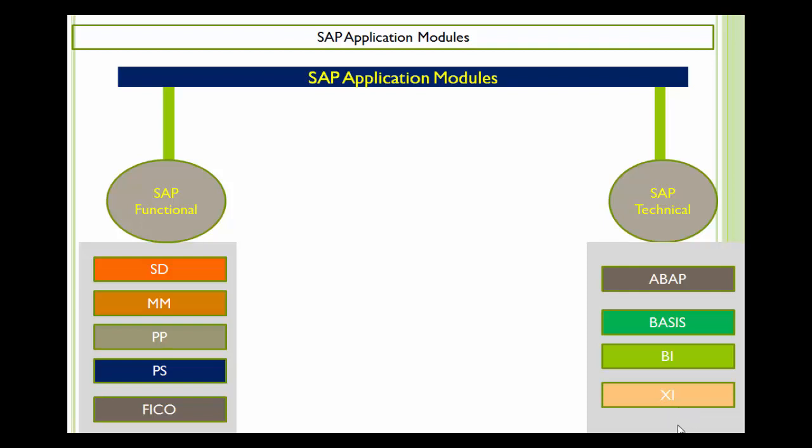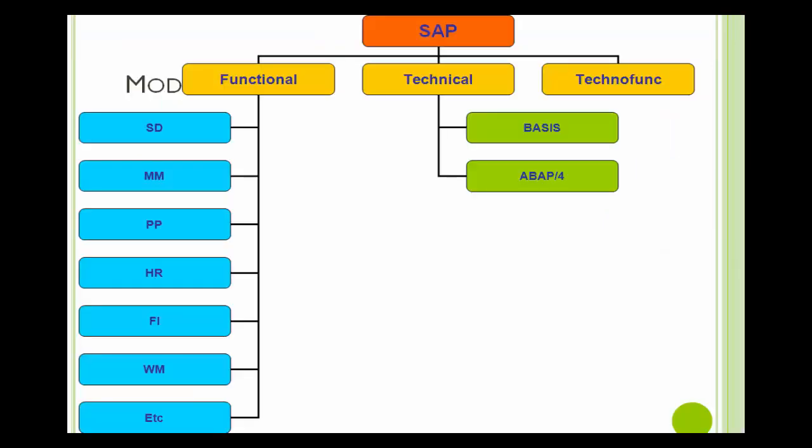XI now has become PI. ABAP Web Dynpro, workflow, HR ABAP, a lot of modules on the technical side. ABAP HANA is the latest module. Plenty of modules, more than 100 modules are supported by SAP.